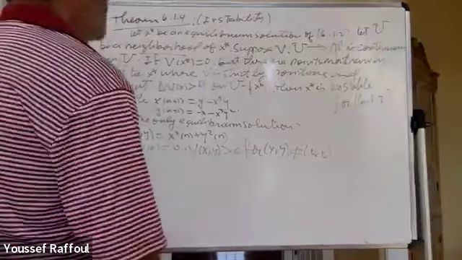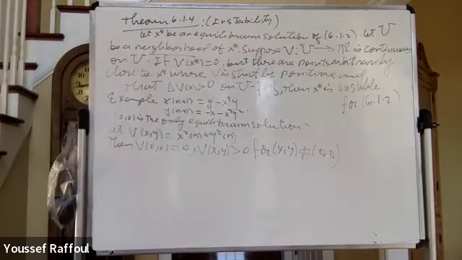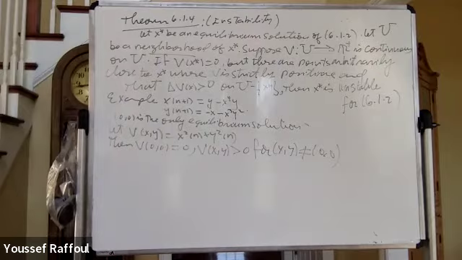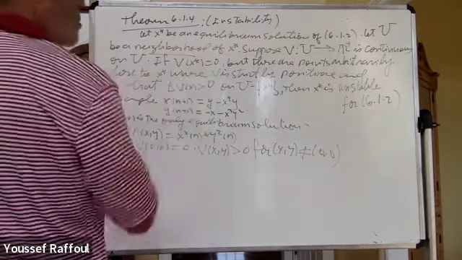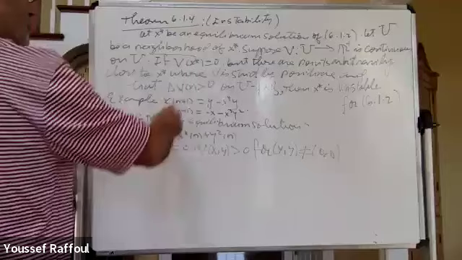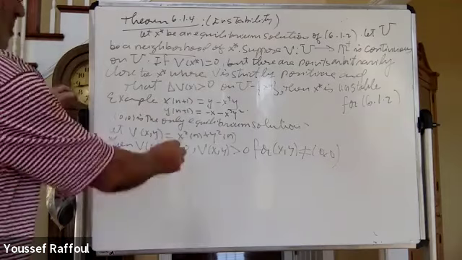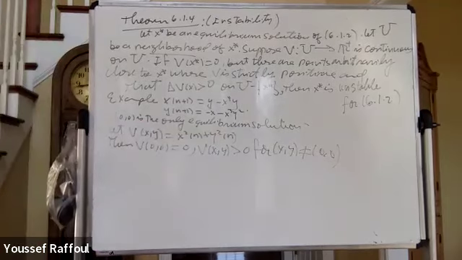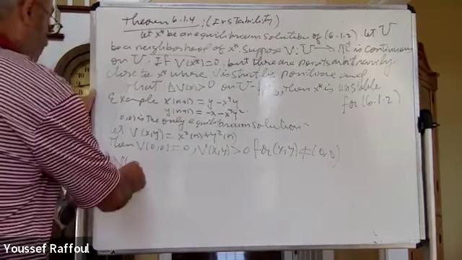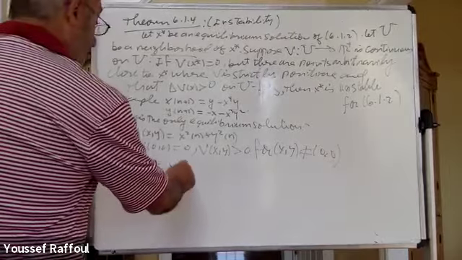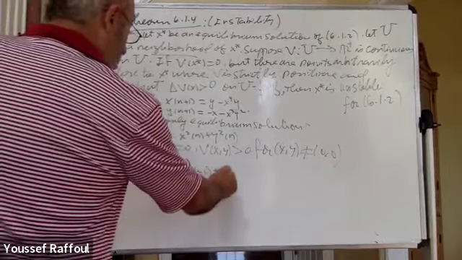Now, so we have V of x star equals 0. Okay. And there are points where V is strictly positive.